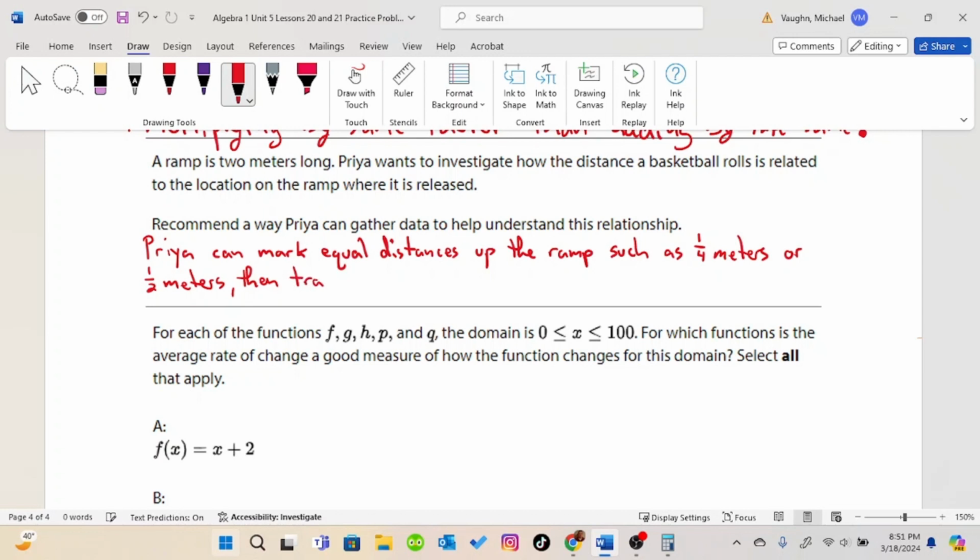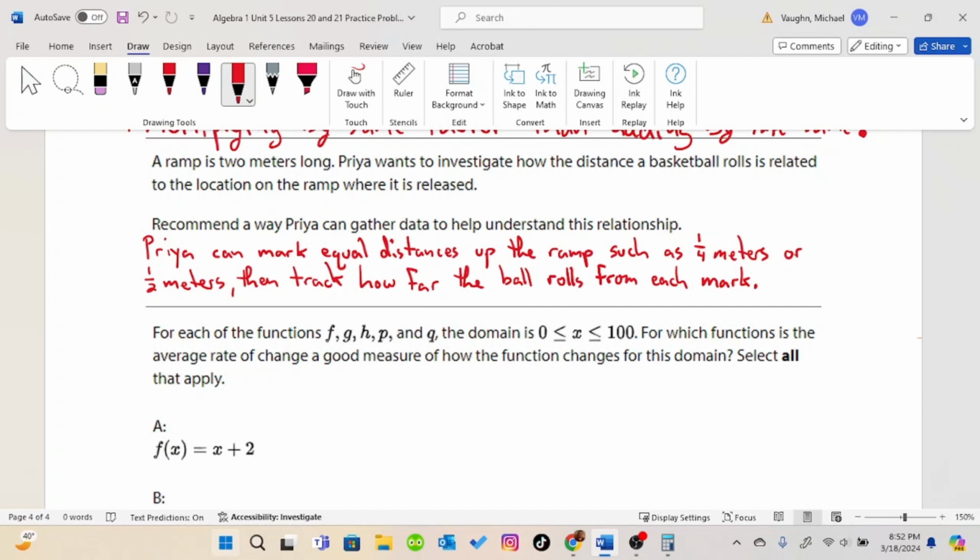Then track how far the ball rolls from each mark.